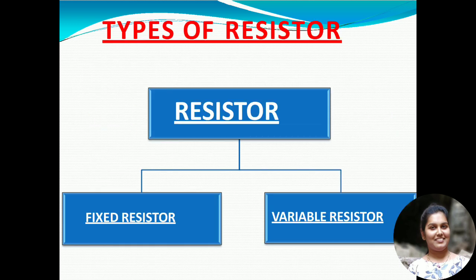Any resistor is mainly classified into two types, fixed and variable, and depending upon the type of material we use for the construction of the resistors, its mounting type and other parameters, we get other different types of resistors. But the basic classification is fixed and variable resistors.